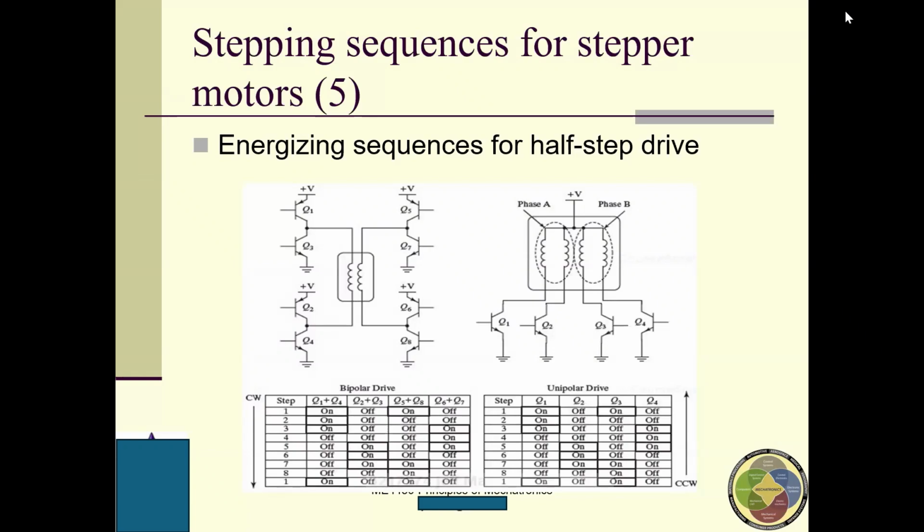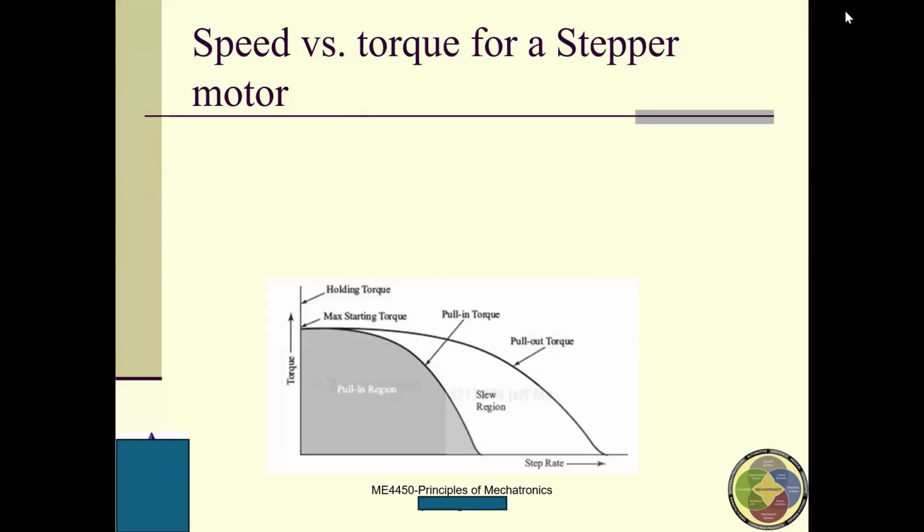I'm sorry, my arm is broken. You understand, guys? But for the half step, I go 90 degrees, 45, 90 degrees, 45, through all these positions. So I want you guys to know we have three modes: wave, full step, half step.